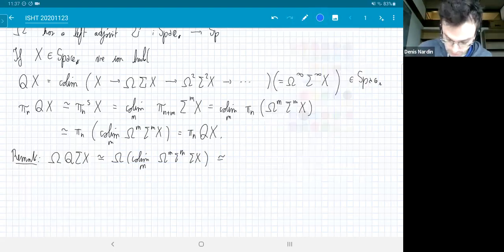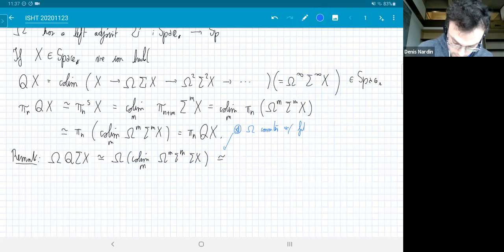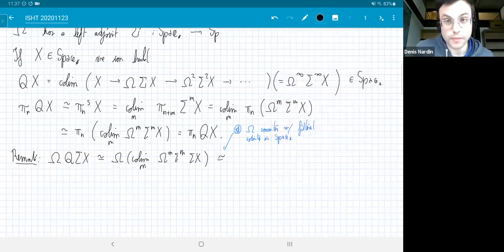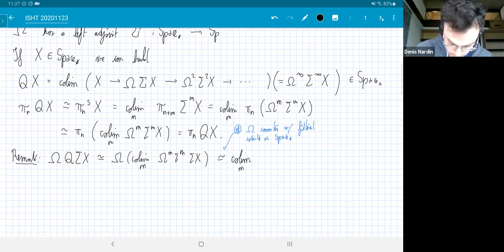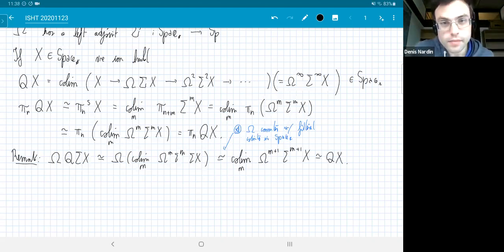This is an important property that I think maybe I should have emphasized before. In pointed spaces, pullbacks, homotopy pullbacks, commute with filtered colimits, or sequential colimits in this case. So you can move it inside. And that's just QX. So I have a natural equivalence like that.